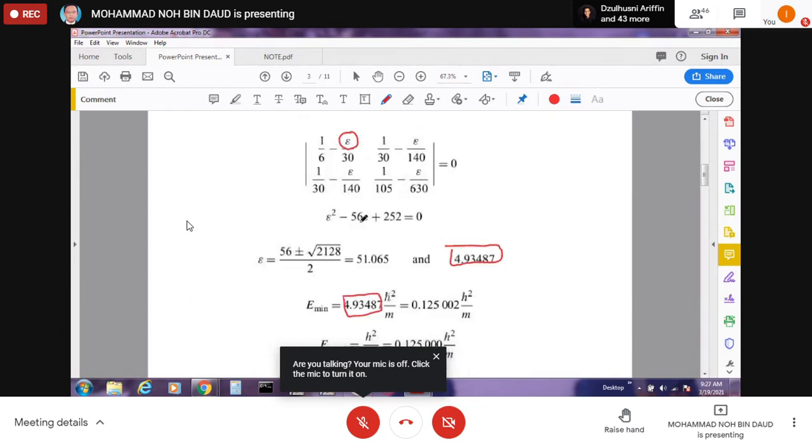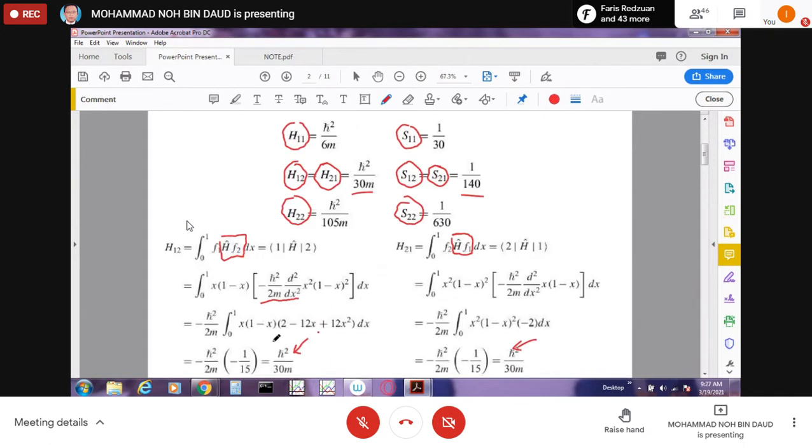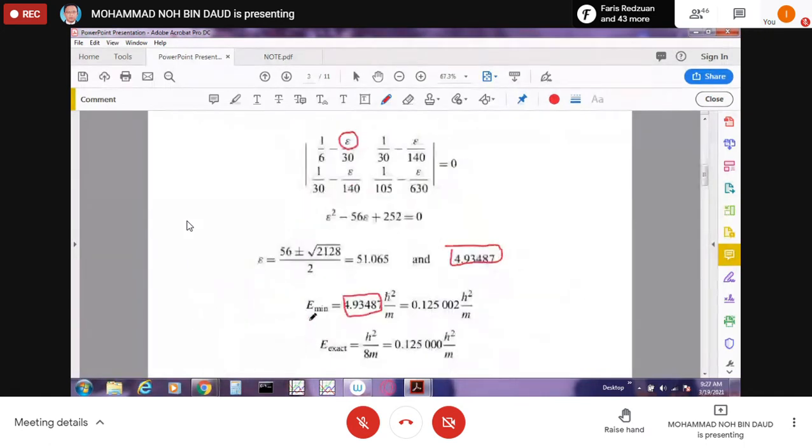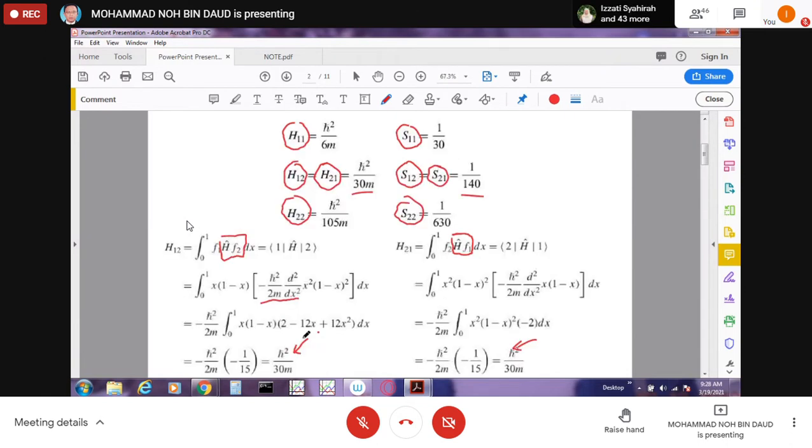This is 1 6. This is how we rearrange this value in the secular determinants. So this suppose is a, when we set this one, we substitute.